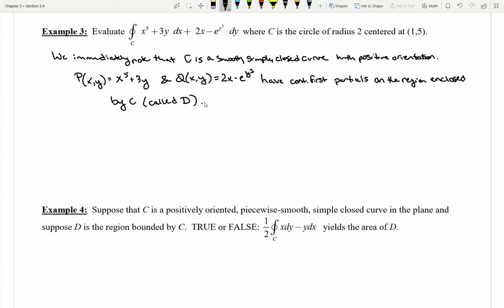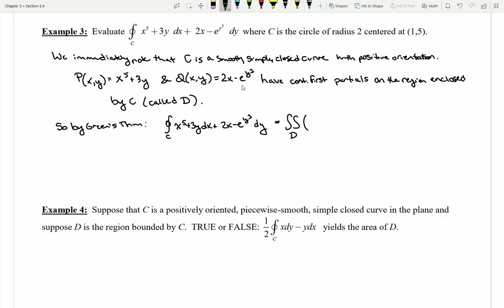Okay, so I could then go ahead and start to set up Green's theorem right away. So by Green's theorem, my integral here is going to be equal to a double integral over that region D. And I just have to remember that I'm going to be using here my partial of Q with respect to x minus my partial of P with respect to y.